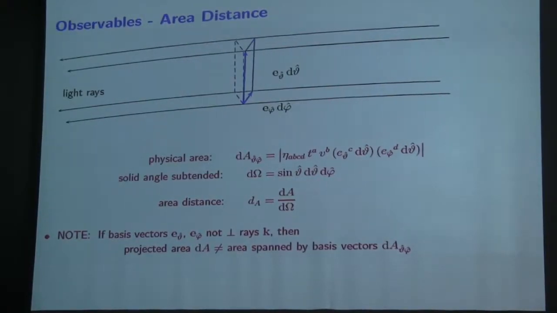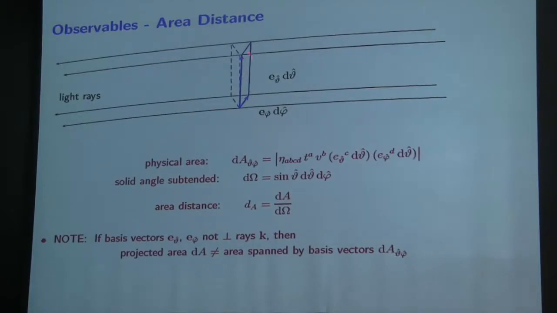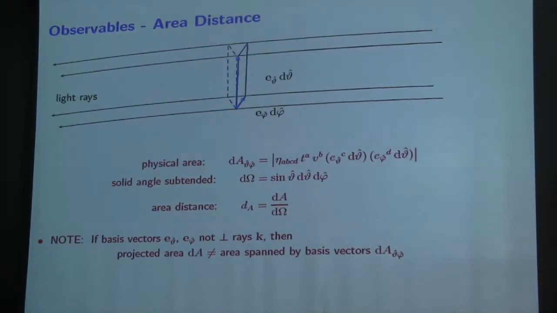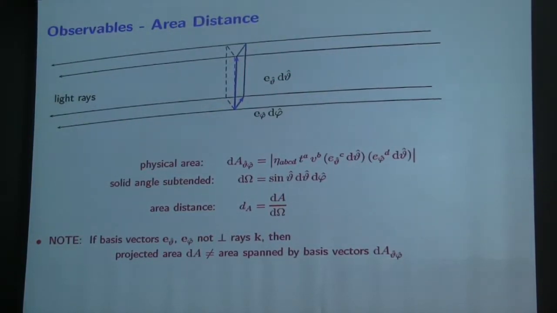And as I mentioned, the actual extensions in space may not be perpendicular to the line of sight. So if we've propagated these basis vectors, they may or may not be perpendicular. This is something we're kind of continuing to worry about. But in terms of area distance, we would then need the physical area of these two things.